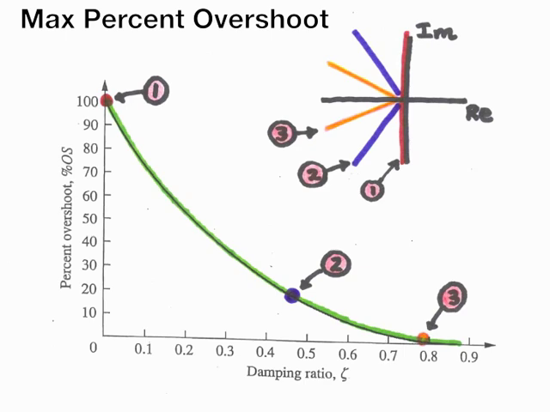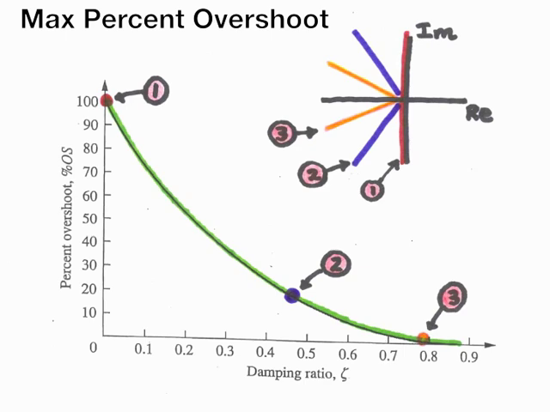Our second case, labeled 2, has a damping ratio of 0.45. This corresponds to the blue lines emanating out into the complex plane as shown. If the poles are on these blue lines, then the damping factor will be 0.45, and correspondingly, the max percent overshoot will be about 20%.